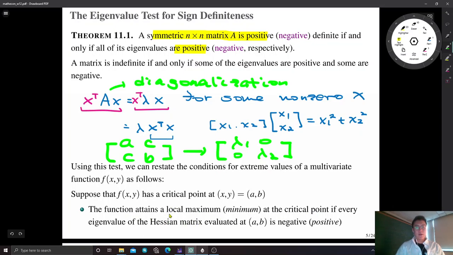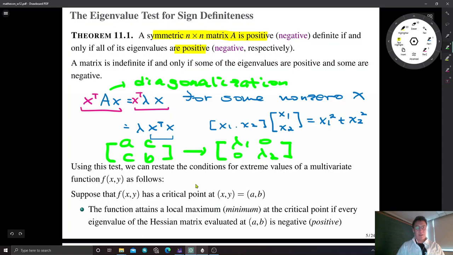So the function will attain a local max if the Hessian matrix is negative definite, so if all eigenvalues of the Hessian matrix are negative. And the function will attain a local minimum if the Hessian matrix is positive definite, so in other words, all eigenvalues are positive. Okay, so that is one punchline of this video.